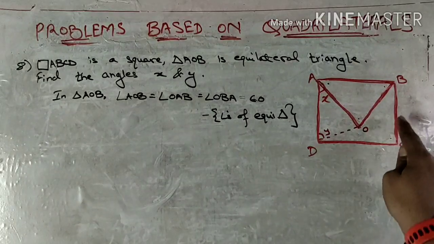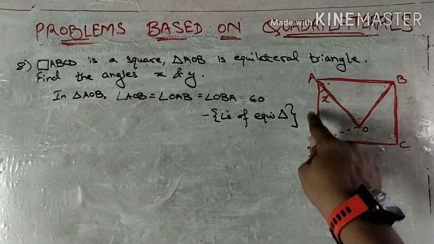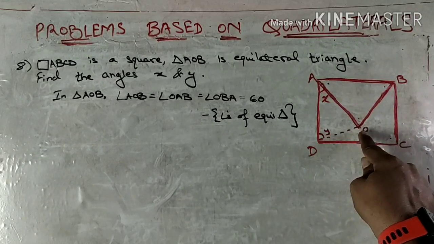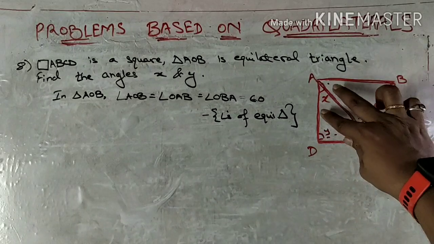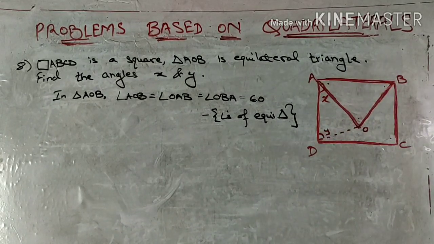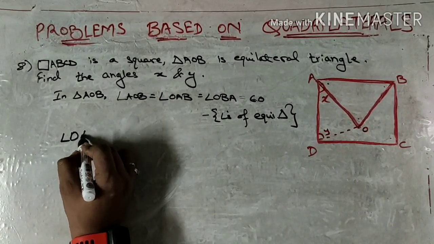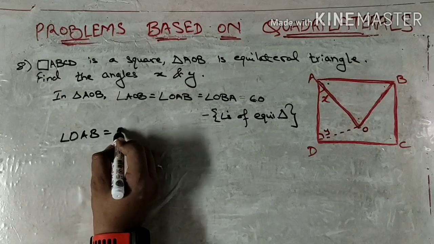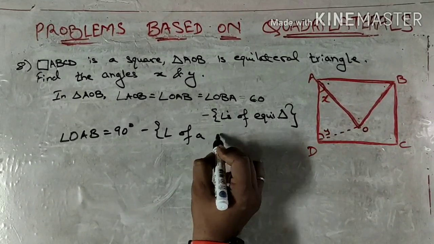So all the angles of a square are equal and they are equal to 90 degrees. So can I write angle DAO plus angle OAB as 90 degrees? That means x plus 60 will give me 90 degrees. Angle DAB is equal to 90 degrees. Reason: angle of a square.